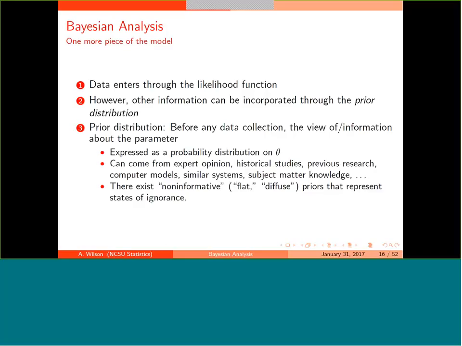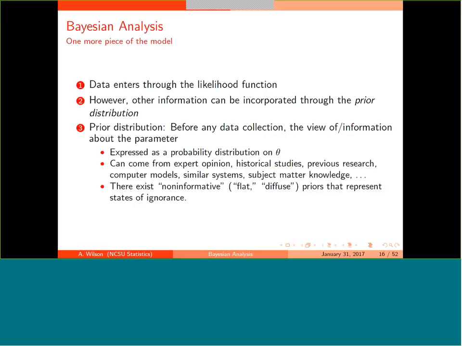But the argument that you then make in a Bayesian analysis is that those 11 observations may not be the only thing that we know about that parameter theta, about the probability that we might see a successful launch from an inexperienced country. Some of that information might certainly be in those 11 observations, but we might also have other information that we understand about that parameter, and we'd like to add that to our analysis.